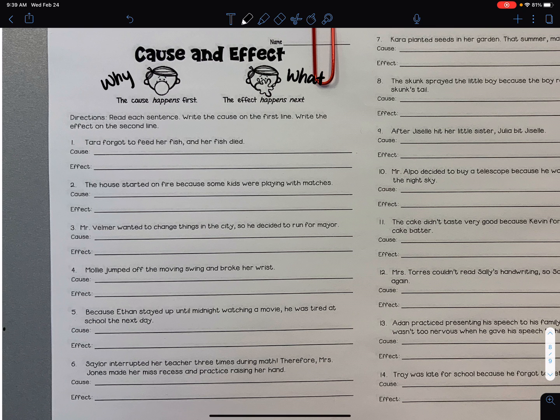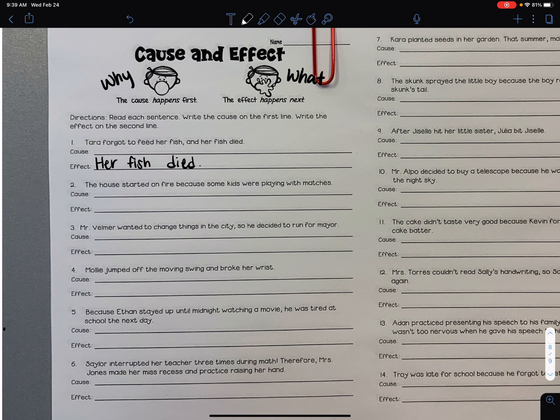Let's look at number 1. Our sentence says, Tara forgot to feed her fish, and her fish died. What happened in the story? Let's look at the effect first. What happened? Her fish died.